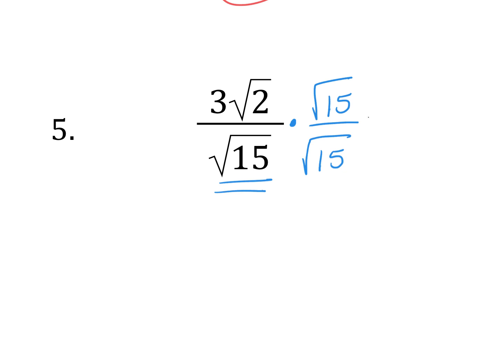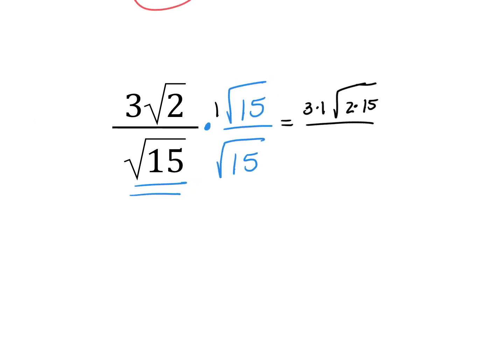Let's see what that looks like. Okay, well, if I multiply my outsides, 3 times 1 square root 2, which is an inside, times 15, which is an inside, right? What do I get? Well, I get 3 root 30. Okay, that's on the top.